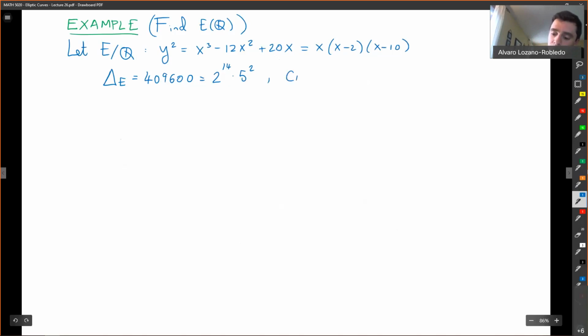But c4 is 2 to the 6 times 3 times 7. So we see that 5 is bad and 2 is bad. Actually, I'm not sure this is enough to prove that 2 is bad in this case, but I'm just going to tell you that if you try to find a minimal model, this is bad at 2.